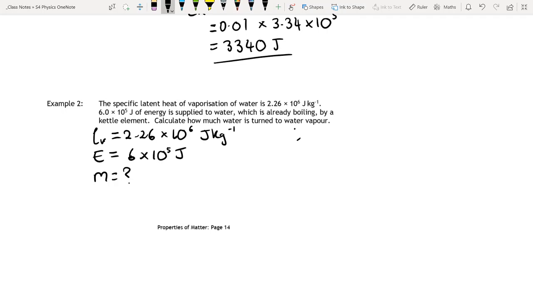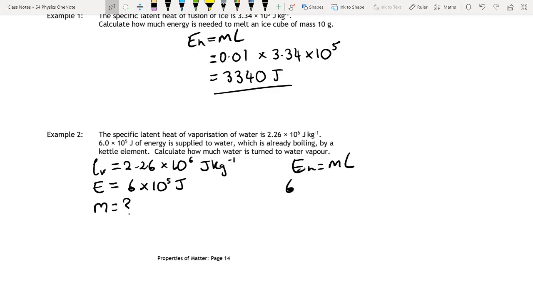So EH equals ML. So which one? LV? So 6 times 10 to the 5 equals the mass times 2.26 times 10 to the 6.